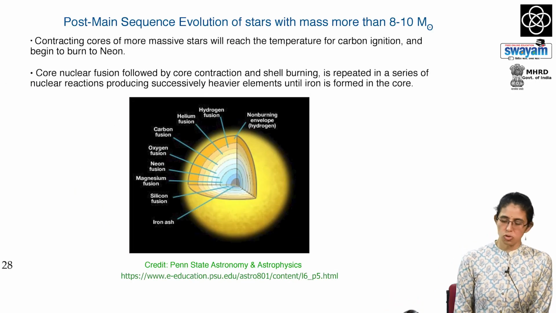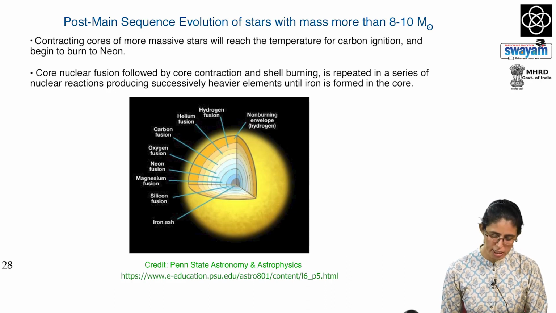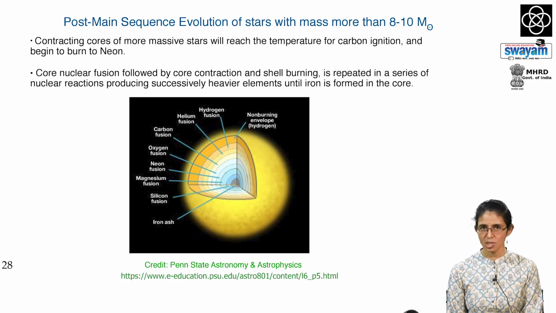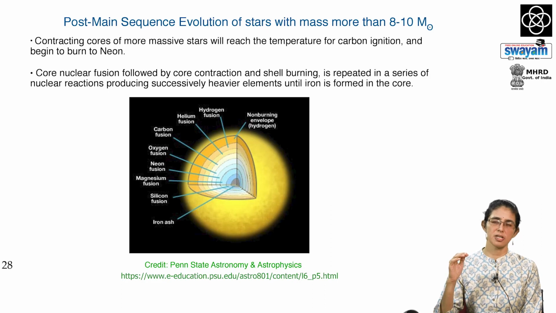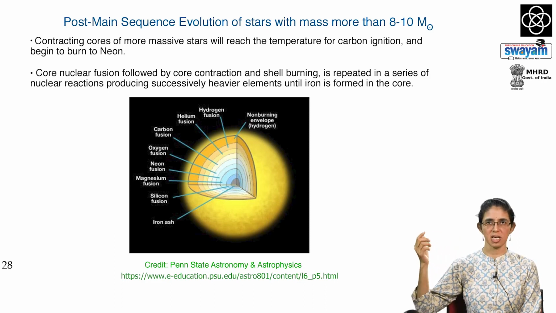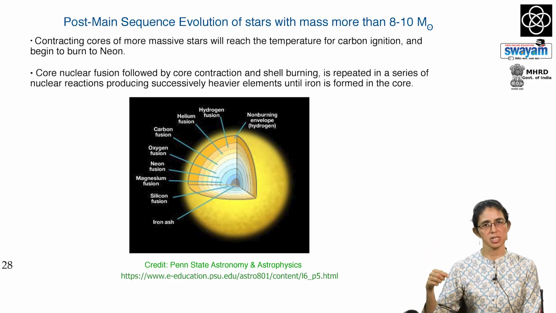So, what happens to stars which have mass more than 8 to 10 solar masses? It is anticipated that there would be successive shells of nuclear burning, where different elements are fused to the next successive element depending on the temperature and pressure conditions.